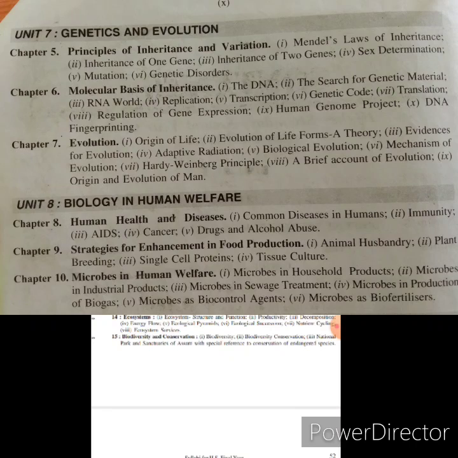Strategies for enhancement of food production is chapter number 9. It contains animal husbandry, plant breeding, single cell protein and tissue culture. I repeatedly say these points written in your syllabus are only the basic points. The chapter is very large.